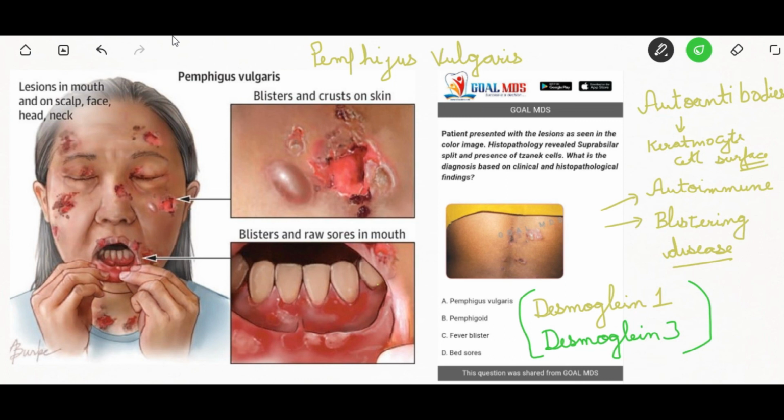These desmogleins are components of desmosomes. The autoantibodies will attach to these desmosomal components and inhibit the molecular interaction. As a result of this attack on the desmosomes, you would see a split that develops within the epithelium. This split is responsible for the blister formation.